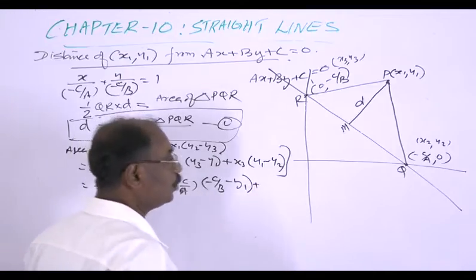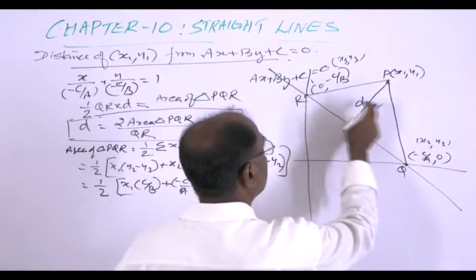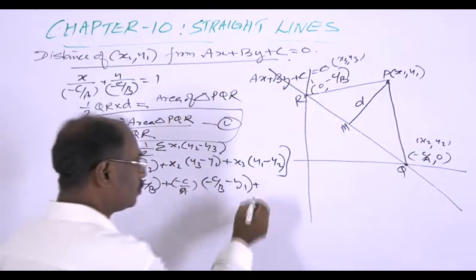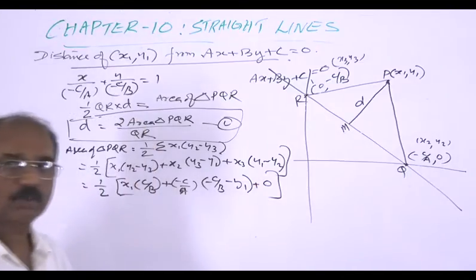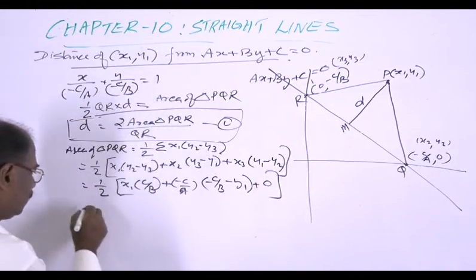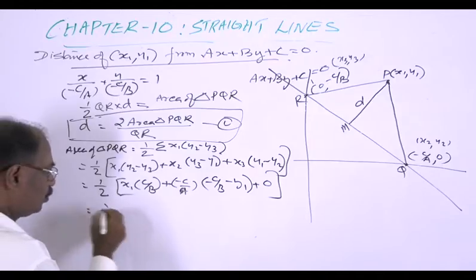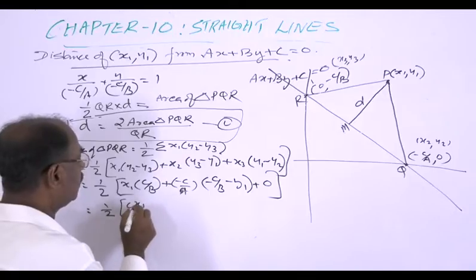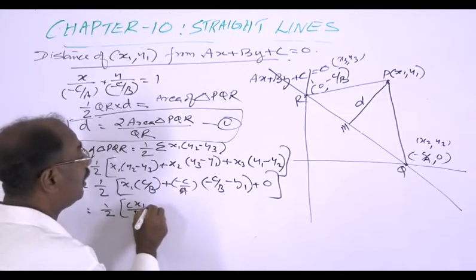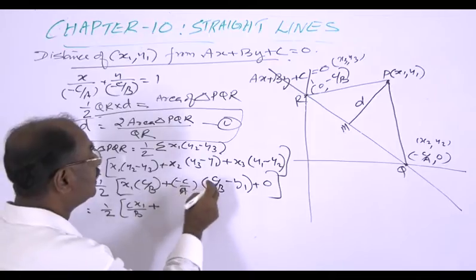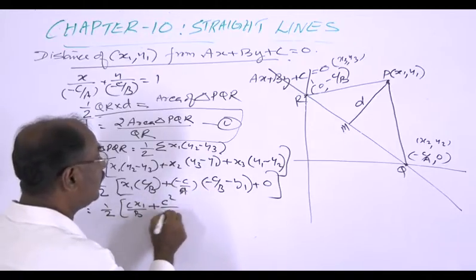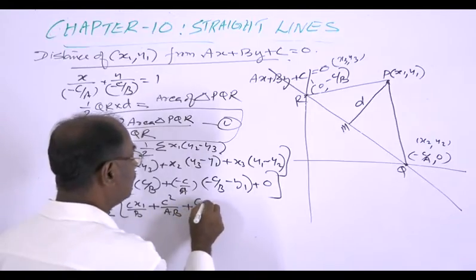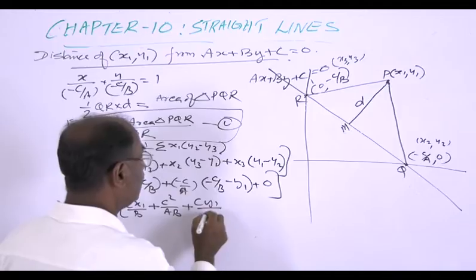Plus x3 into, so x3 is 0, 0 into 0, so that is 0. So this is equal to 1 by 2 into cx1 by b plus c squared by ab plus cy1 by a.